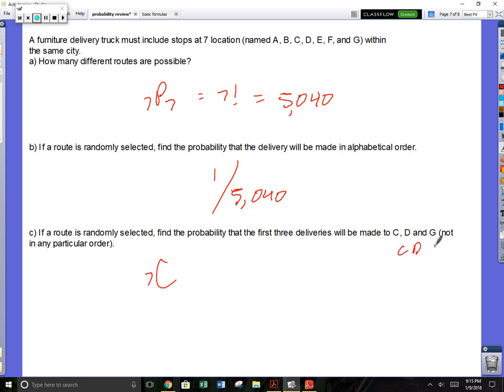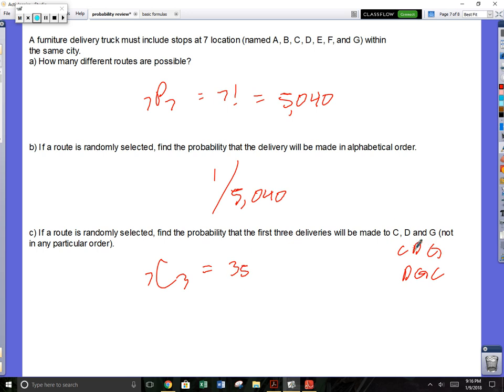So C, D, and G, because it says not particularly in any order, is the same thing as D, G, C. These two are the same. So it's a combination of those 7 stops. I am going to combine only 3 letters. Now, here's the thing. If I do 7 combination 3, that is 35.